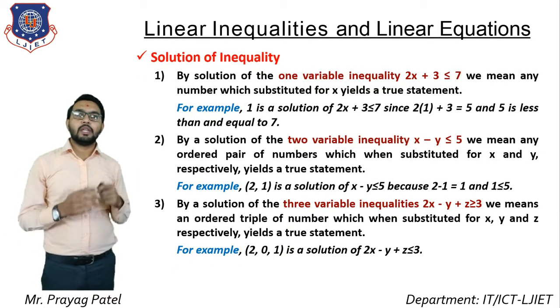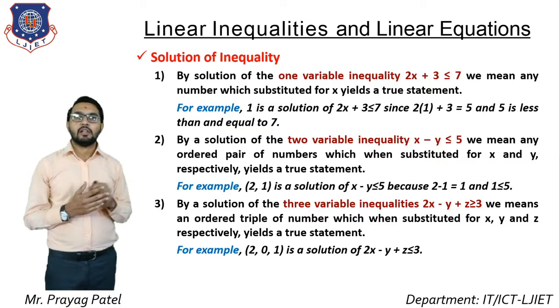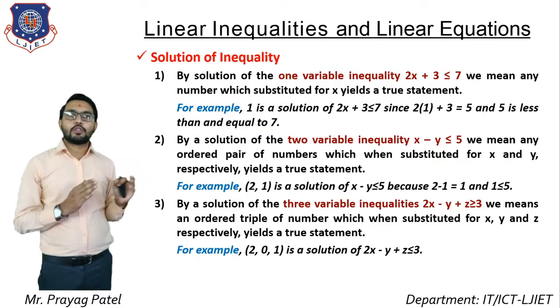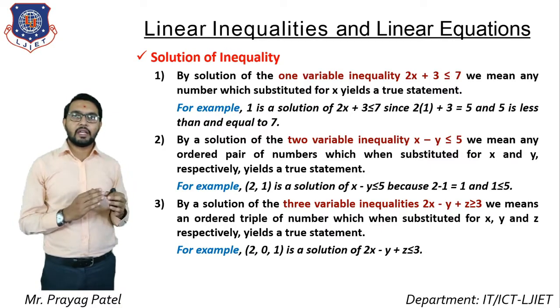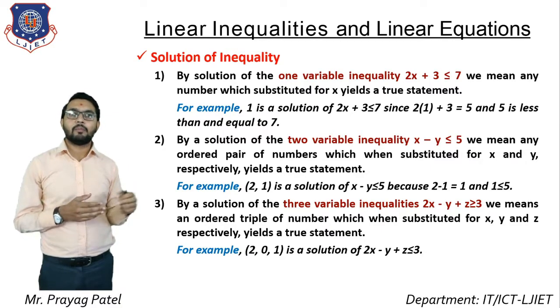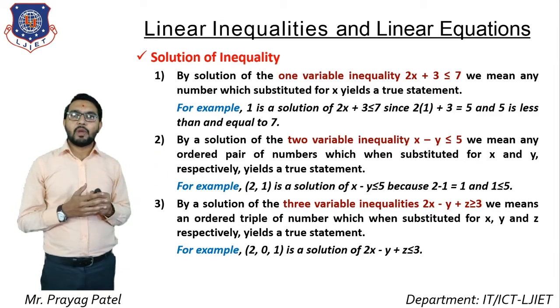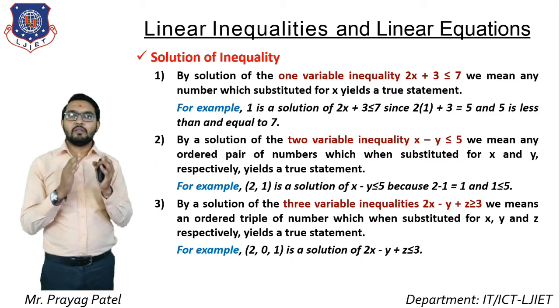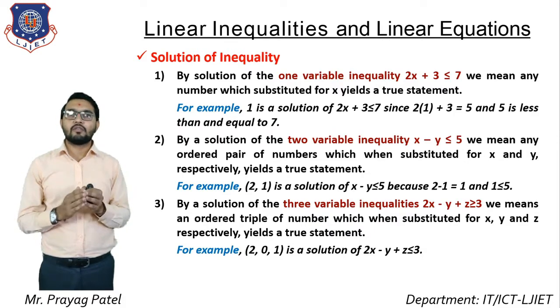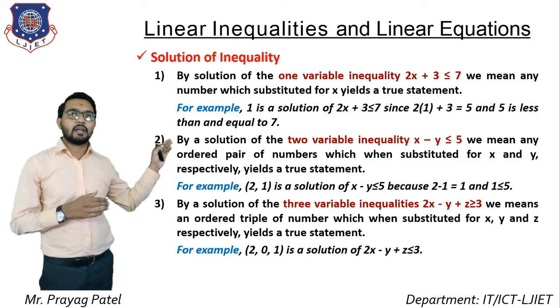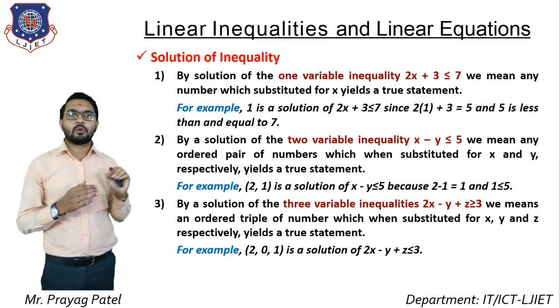Now the solution of linear inequality. Here we consider one variable, two variable and three variable linear inequality problems. One variable inequality means the equation has only one variable and all the remaining values are constants. For example, 2x plus 3 is less than or equal to 7.